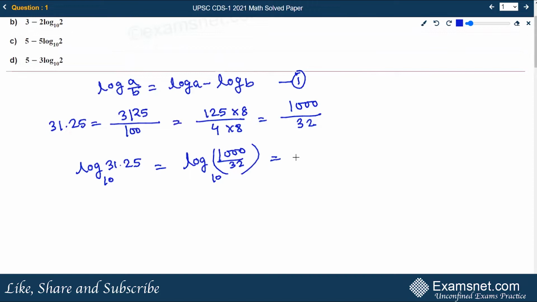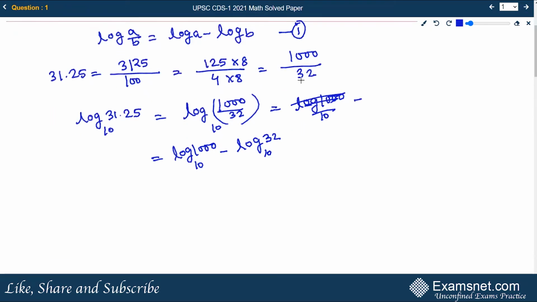From 1, we can write log 1000 to the base 10 minus log 32 to the base 10. It is coming from this first law.